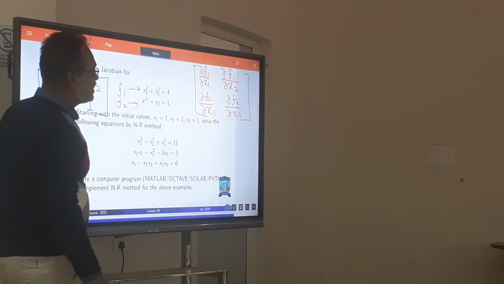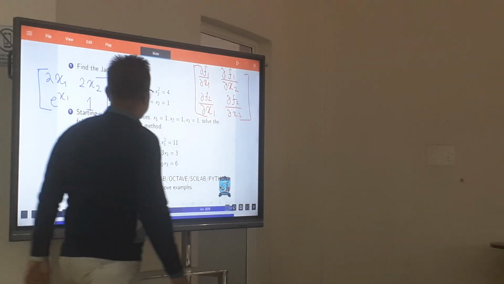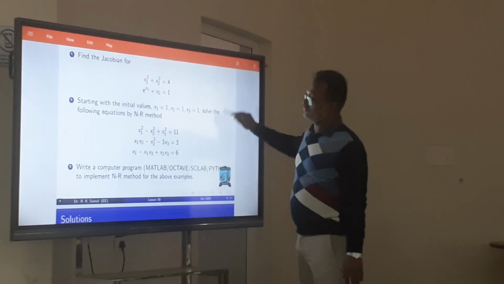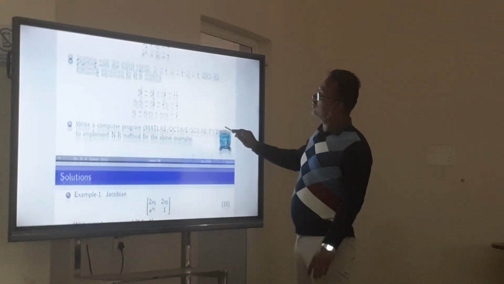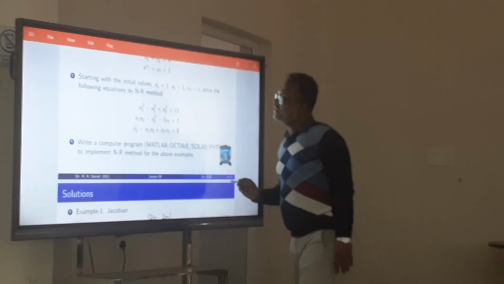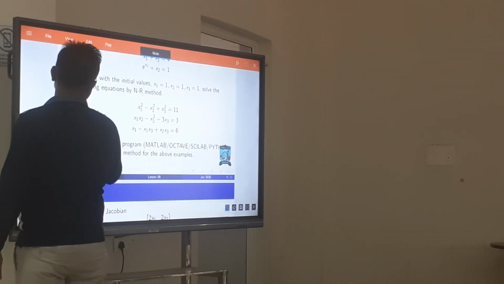So based on the initial guess, you can find the numerical value of the Jacobian. The initial estimate is 0.5, minus 1.